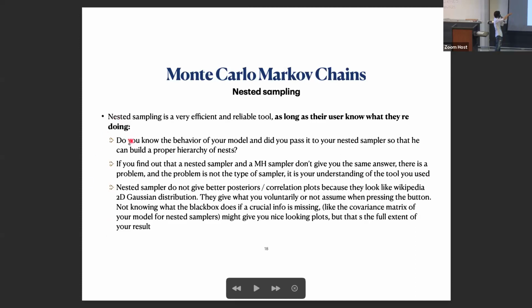Let's take this first example here. When you're using a nested sampler, people use it without passing it the very crucial information that is needed for the nested sampler. This is the covariance matrix of your model.